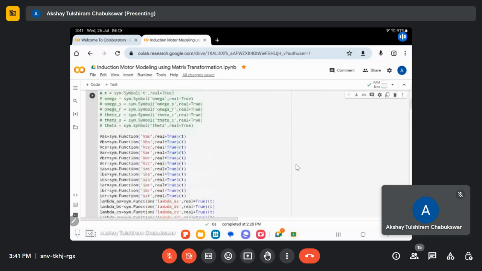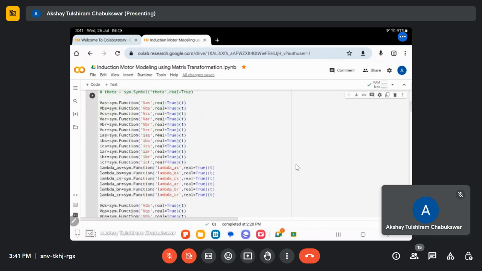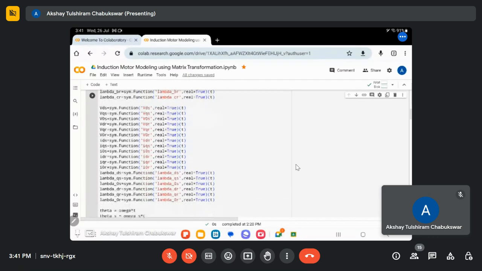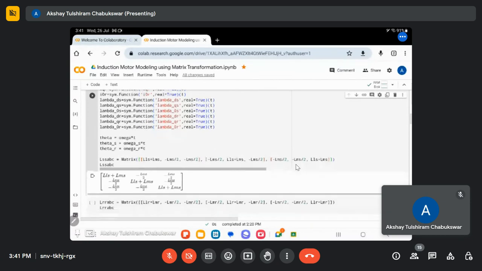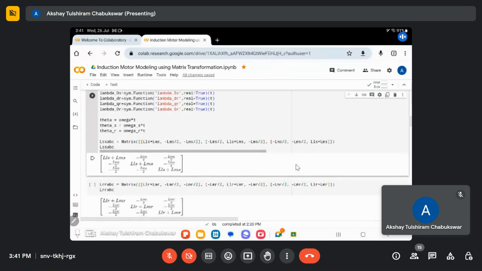All these are real functions of time. This is nothing but declaration. Theta is omega into t, theta s is omega s into t, and theta r is omega r into t.